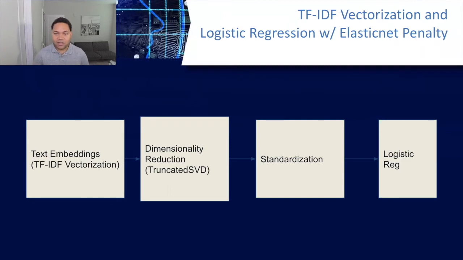Then you link that to standardization, standardizing your components to make sure everything is on a similar scale. And then you do logistic regression. Logistic regression here is used to predict the likelihood that you are in a bucket. Now, the elastic net penalty relates to that model regularization I was talking about before.